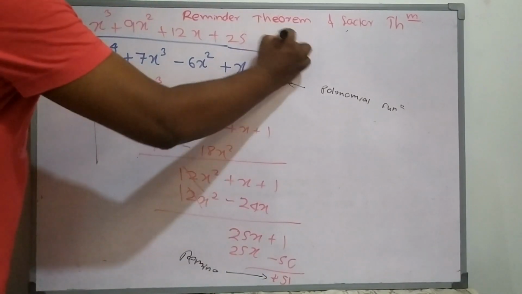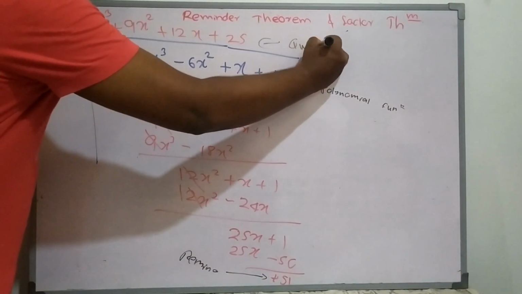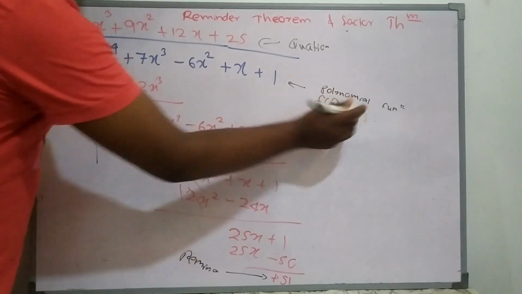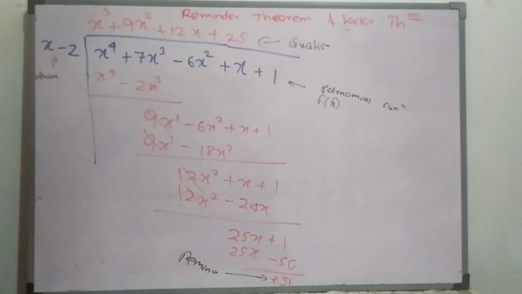This is our quotient. This is our polynomial function, so I just notate it as f(x).